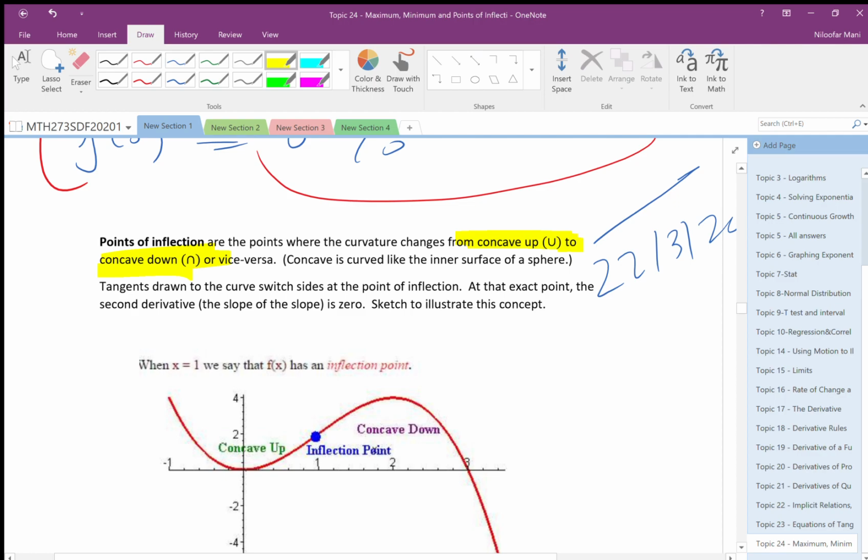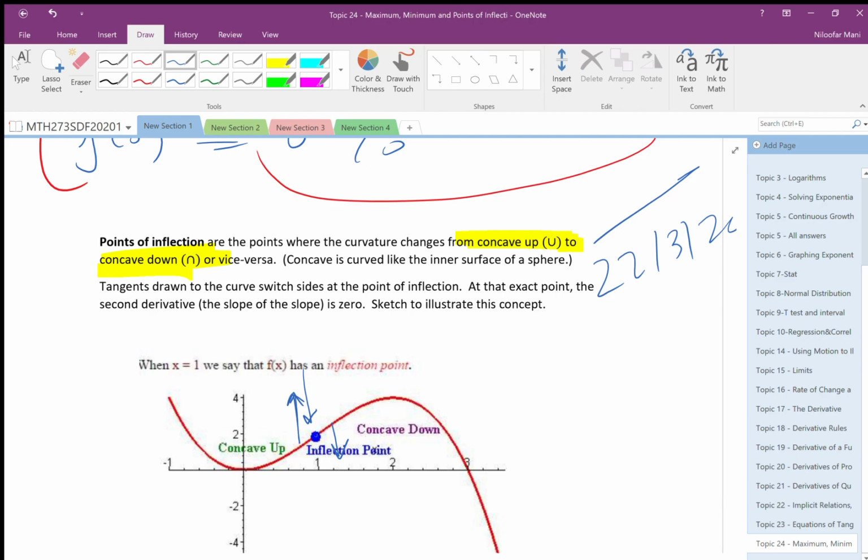Look at this function. At this point, the point of inflection, the concavity of the function changes from up to down, from a bowl to a hat. So here we say this is the inflection point.